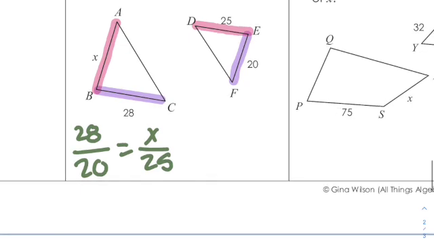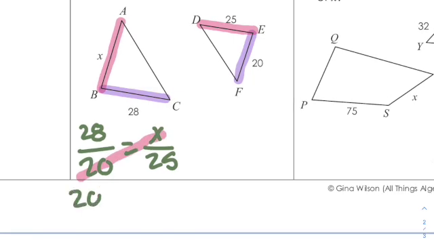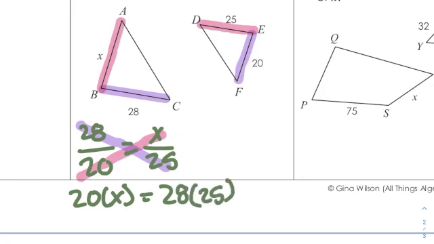Okay, so then we'll just start doing some math, cross product property or butterfly method. So we'll do 20 times x, and then 28 times 25. And we'll simplify that. 20 times x is 20x.